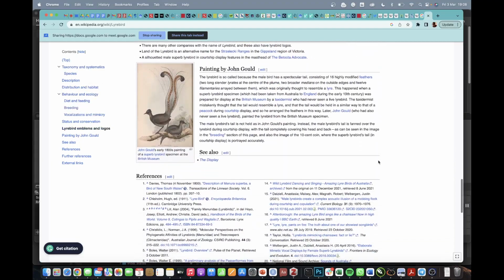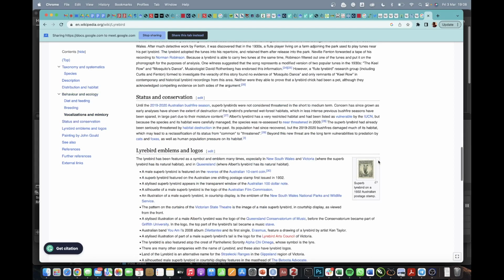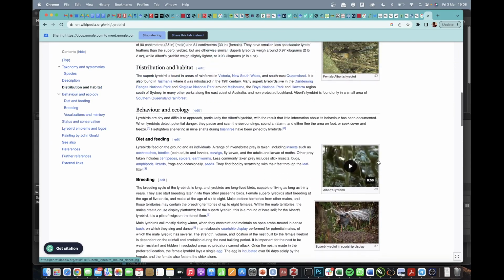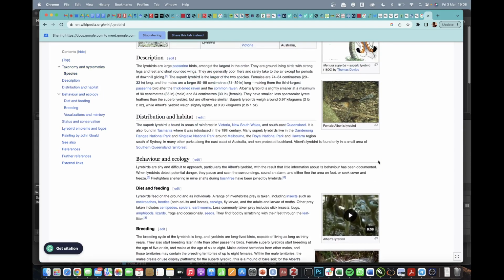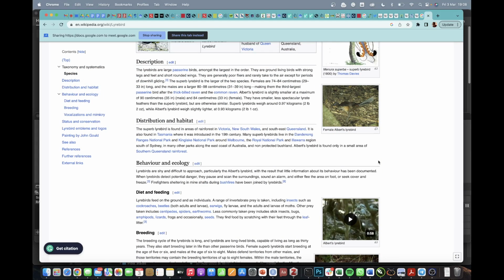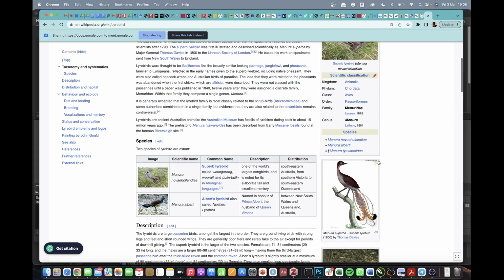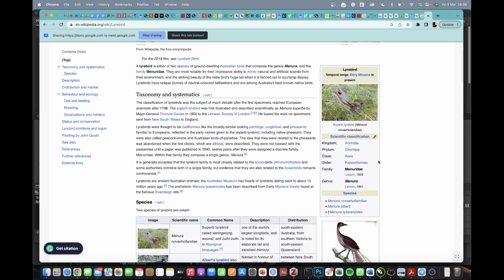I don't even know all of the birds. I can't figure it out. But they are passerines, which is strange, which is good actually. They were thought to be galliformes, as part of jungle fowl, pheasants, and peacock, but they aren't.